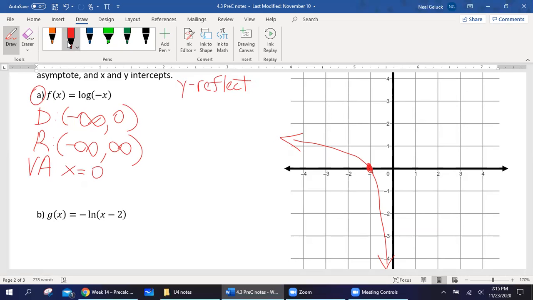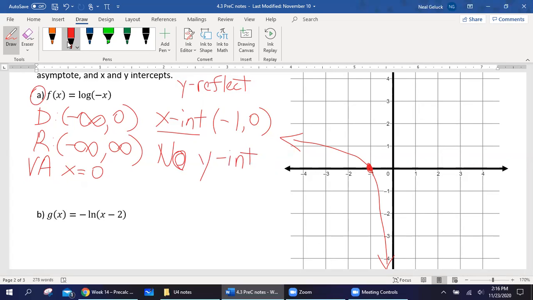The x-intercept, well, I can see that it's hitting at -1, 0. And I'm going to show how we get that in just a second as well. And since the y-axis is an asymptote, there is no y-intercept.